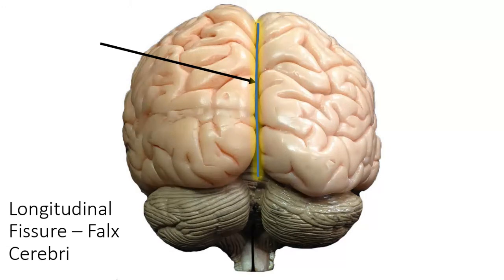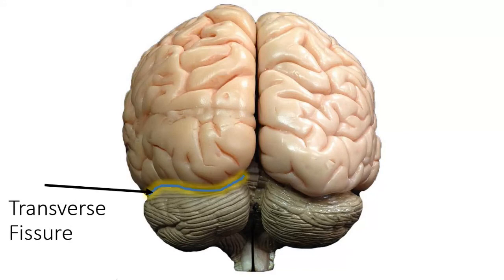So the transverse fissure is that horizontal fissure found in between your cerebrum and your cerebellum. This line is occupying it. You can see the space better over on the right side here. That's the transverse fissure.